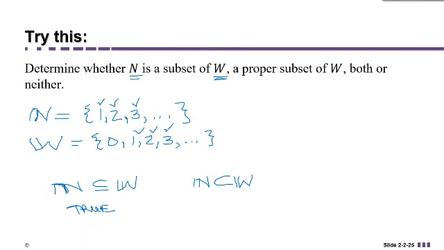But is the set of natural numbers a proper subset of the whole numbers? So the only way it would not be a proper subset is if it's actually equal. So I'm just going to write down, is the set of natural numbers actually equal to the set of whole numbers?